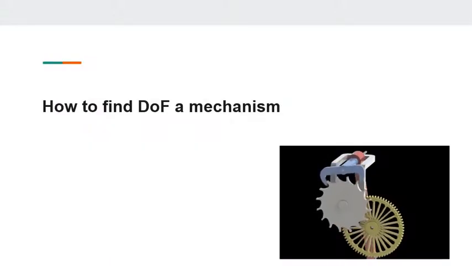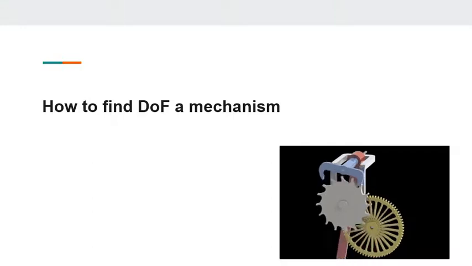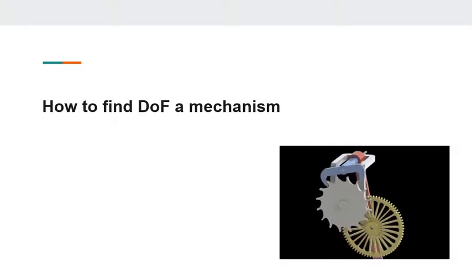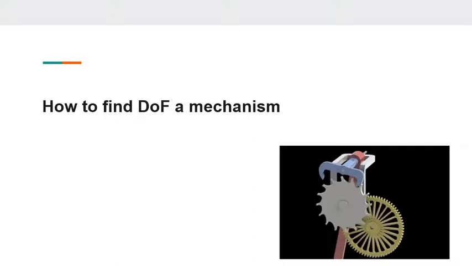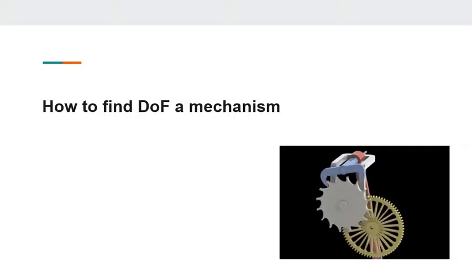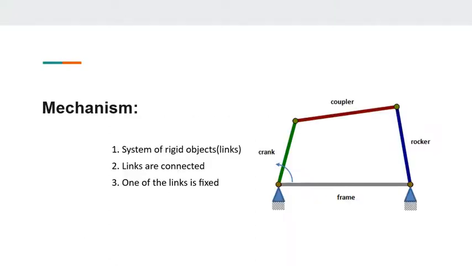Now, how could one find out the degrees of freedom of a mechanism without knowing the number of actuators involved? Let us see. I want you to remember a few characteristics of a mechanism. These three conditions help us to find the degrees of freedom of a mechanism. Let us look at them one by one.